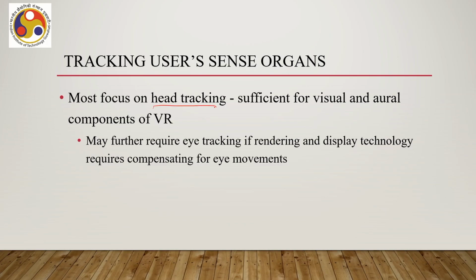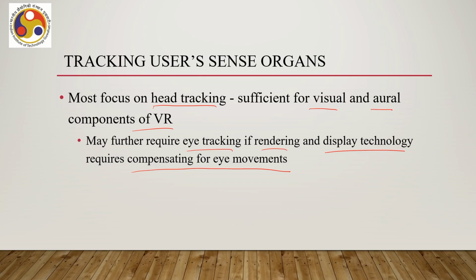In VR, most of the works focus on head tracking, which is sufficient for visual and aural components of VR related to our eyes and ears. It may further require eye tracking if rendering and display technology requires compensating for eye movements.